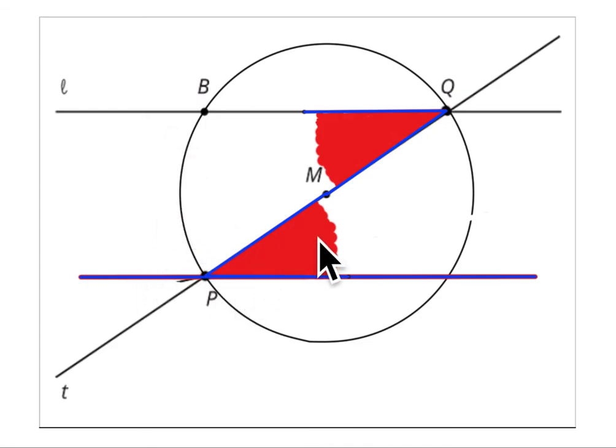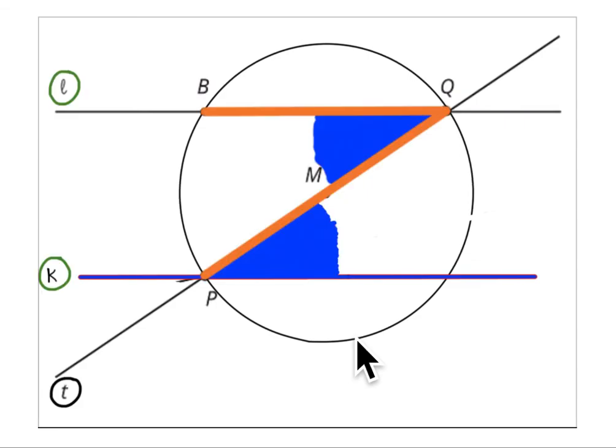So with a 180 degree rotation, this side is parallel to this side up here. So these two angles are congruent, and this is angle BQP. So when you have parallel lines cut by a transversal, you have alternate interior angles that are equal to each other.